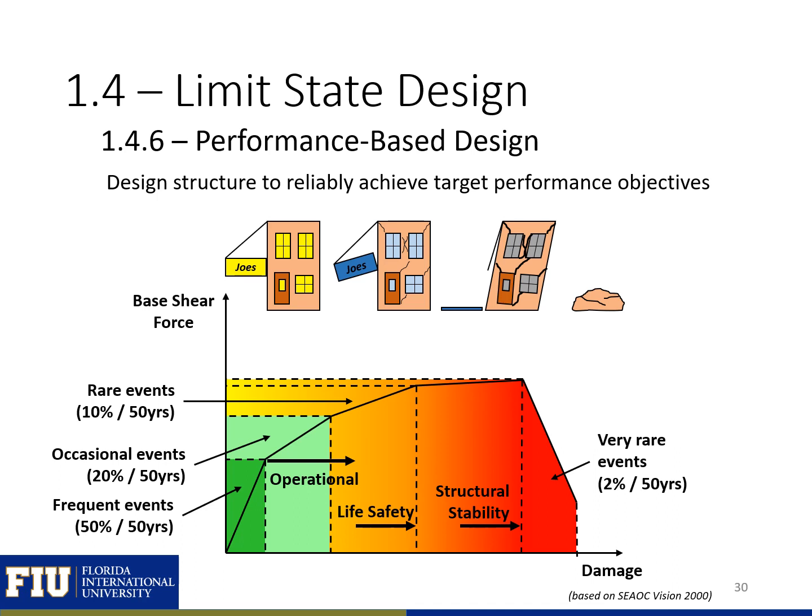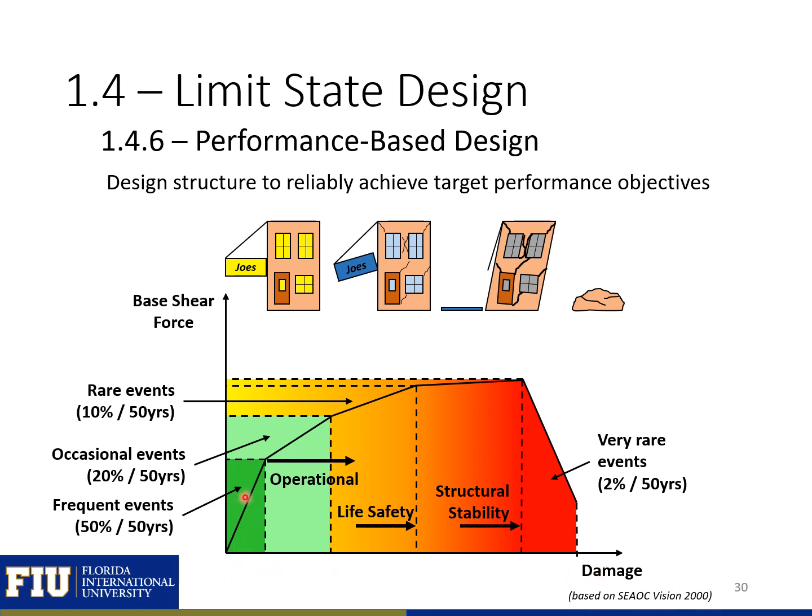Another type of design is performance-based design. In performance-based design, we design a structure to reliably achieve a target performance objective. So we typically look at the forces that can be applied and the likelihood of that force or event that can happen to the structure, and then the damage that's caused as a result of it.